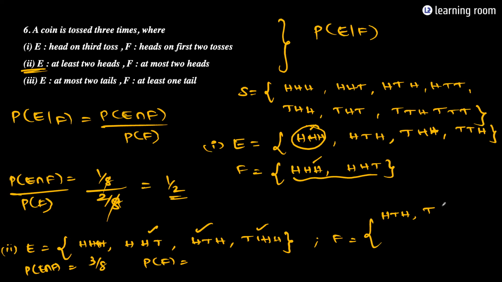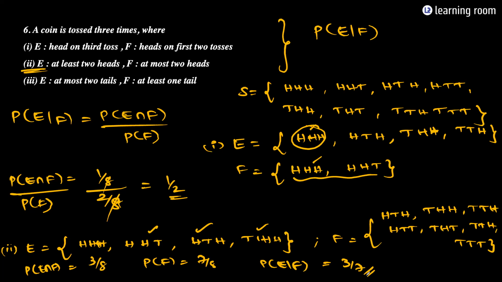Head, head, tail; head, tail, head; tail, head, head; head, tail, tail; tail, head, tail; tail, tail, head; and tail, tail, tail. So probability of F is 7/8. So what is the probability of E given F? That will be 3/7. Correct?